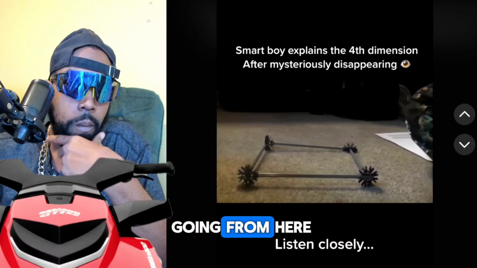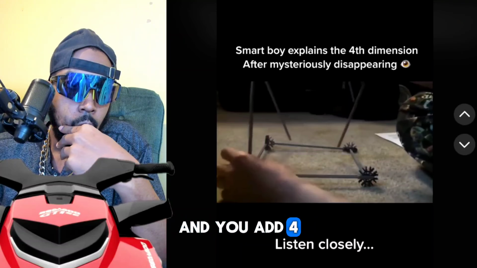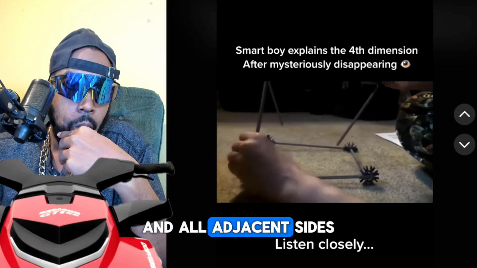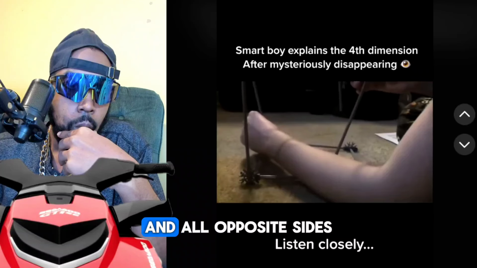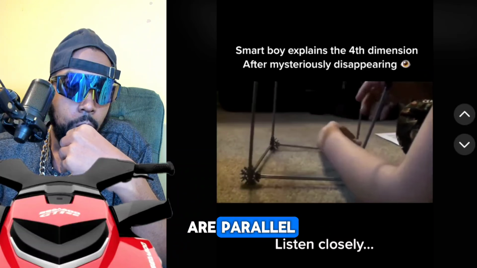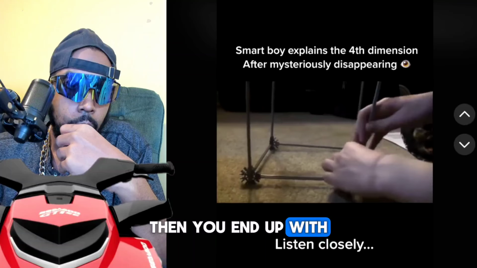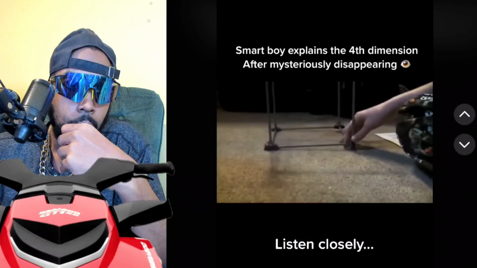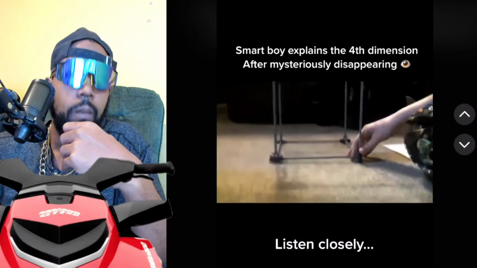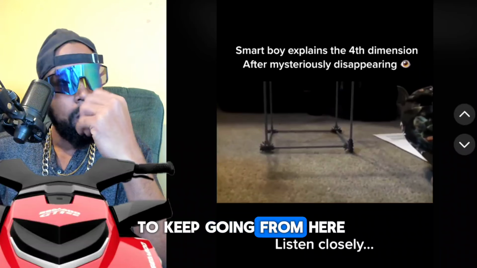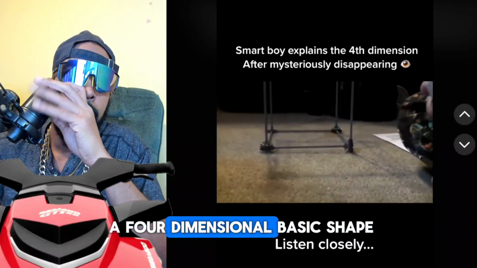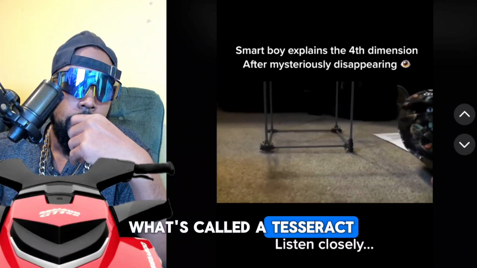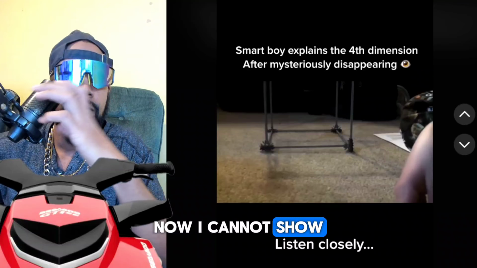Now if you keep going from here and you add it so that there's a total of 4 squares, and all adjacent sides are perpendicular and all opposite sides are parallel, then you end up with, obviously, a cube. So if you tried to keep going from here, and you would have a 4-dimensional basic shape, you would have what's called a tesseract. Now I cannot show.